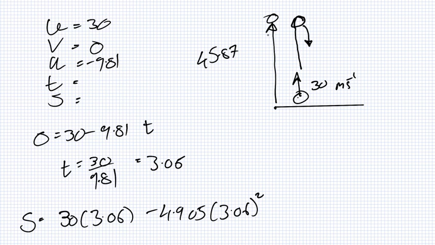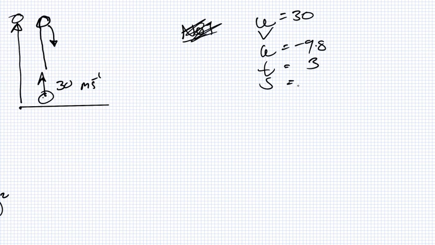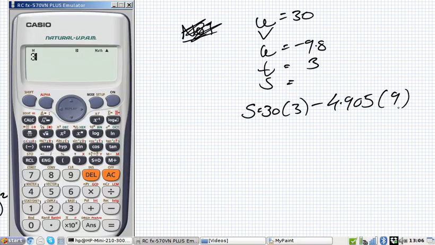So let's return to the question. If we were to work out the S, that would be UT plus a half AT squared here. So S would be UT plus a half AT squared, 4.905 times 9.